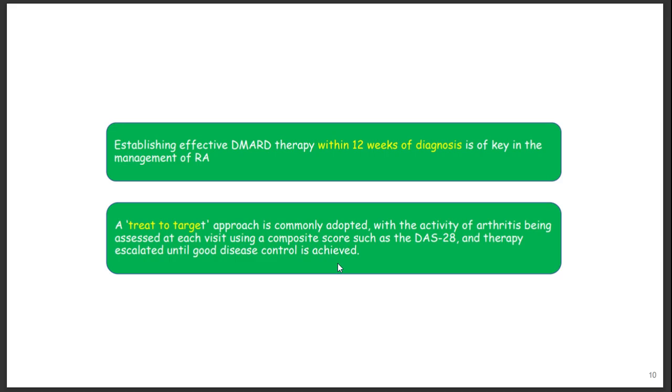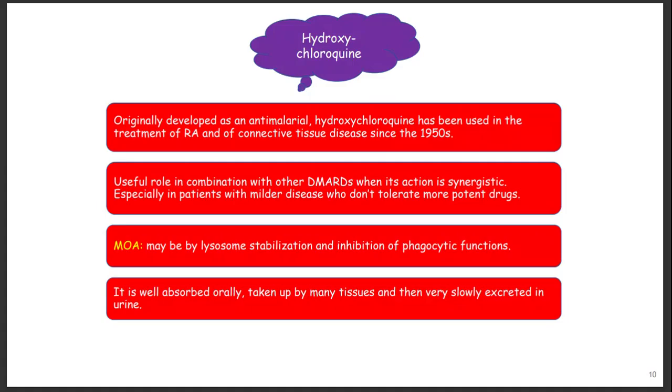When you are giving the drug, you can escalate therapy, go a bit higher or faster, so that you can control the disease. So treat to target, you treat to the point which you want.